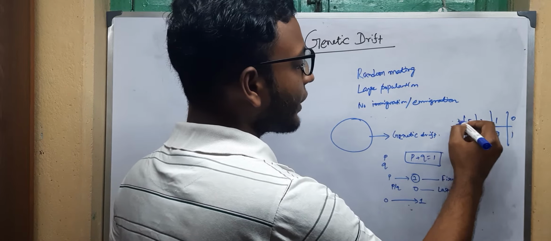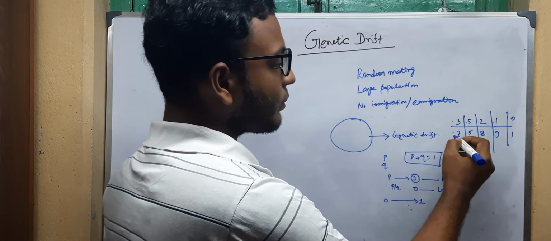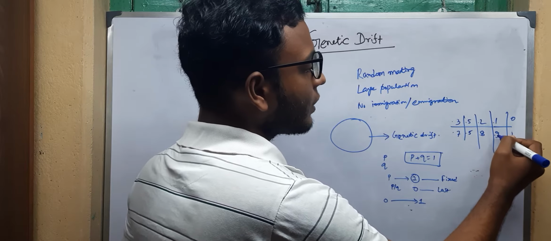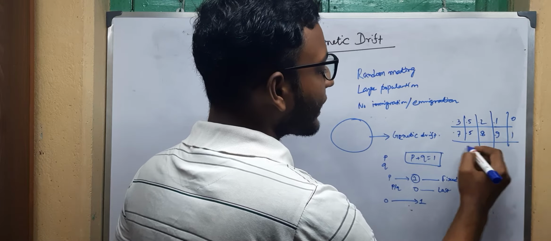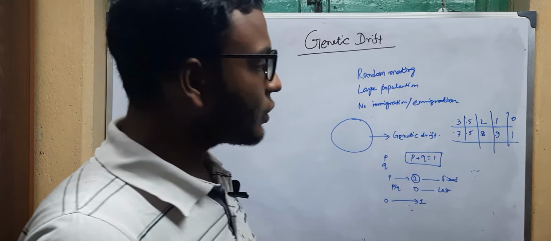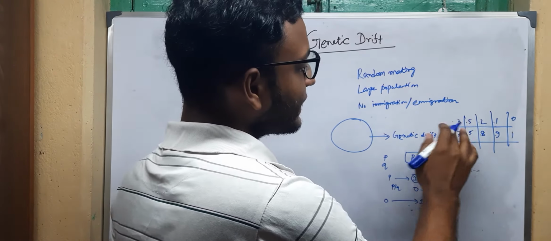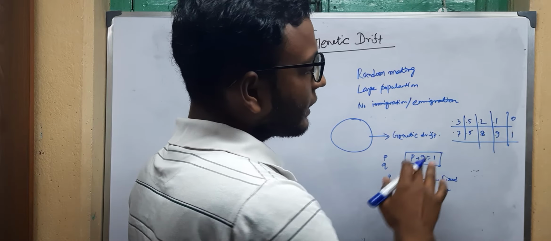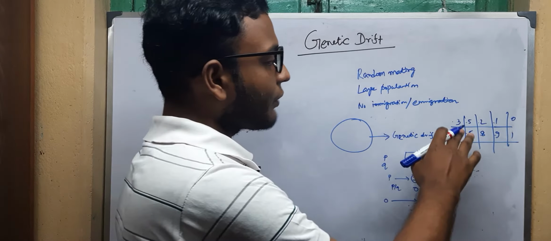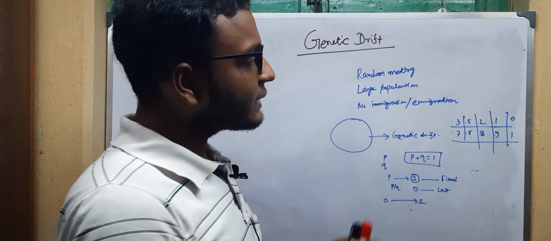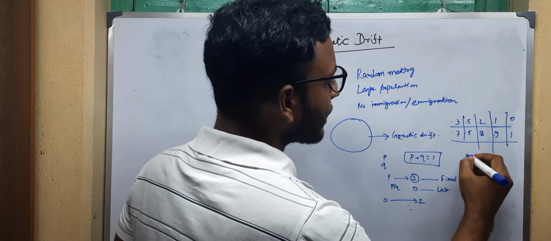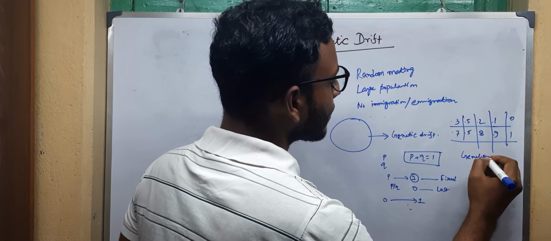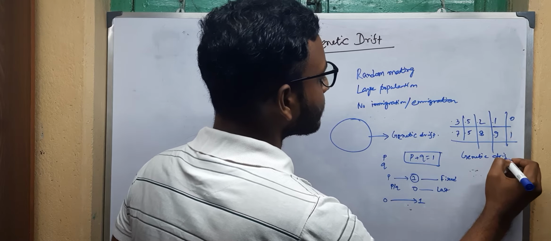These are the 0.3, 0.5, 0.2, 0.1, and these are the 0.7, 0.5, 0.8, 0.9 and 1. The sum in all cases is 1. So you can see that the frequencies of both the alleles are drifting apart from each other, and this condition is known as genetic drift.